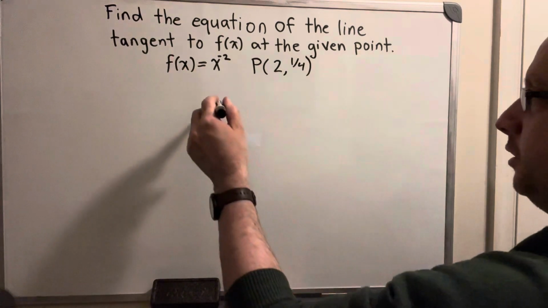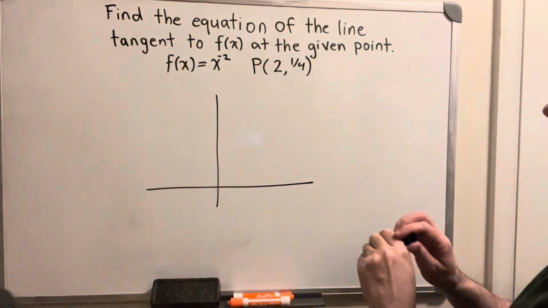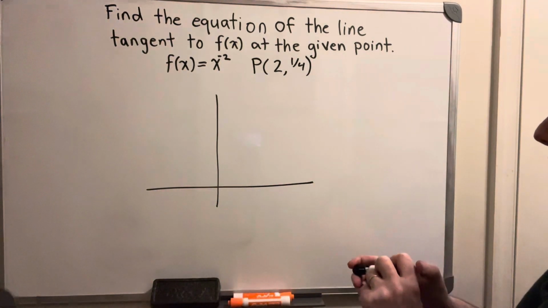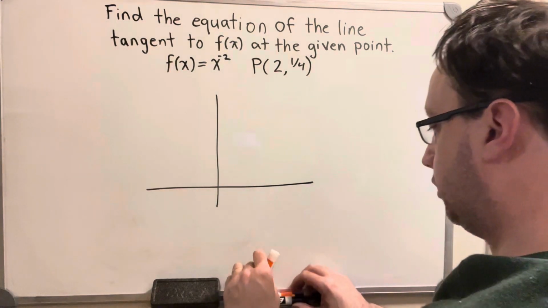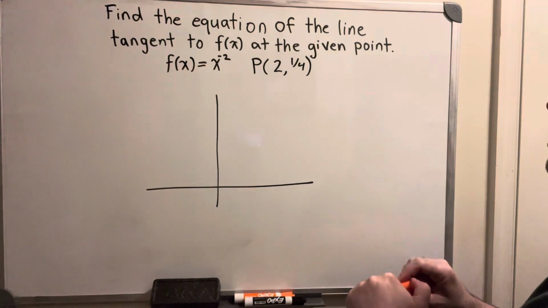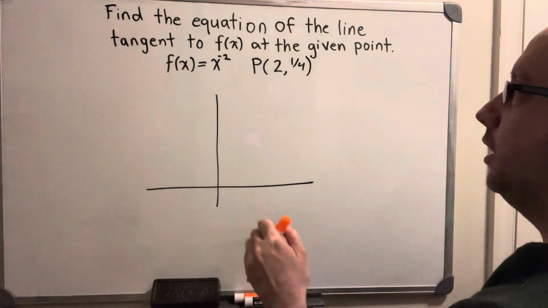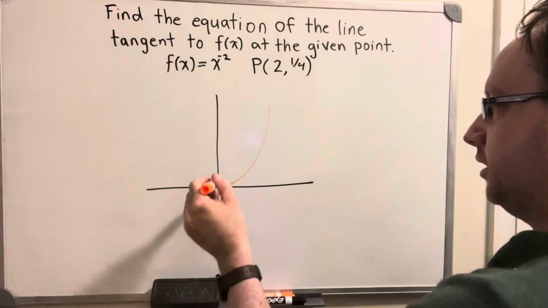Well, what I usually do is draw a picture so I can visualize what's going on. First of all, x to the minus second is the same as 1 over x squared. So we know that x squared looks like this.